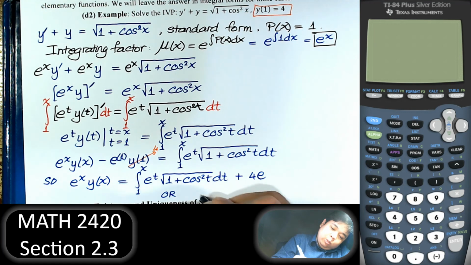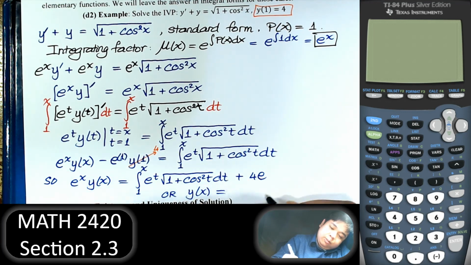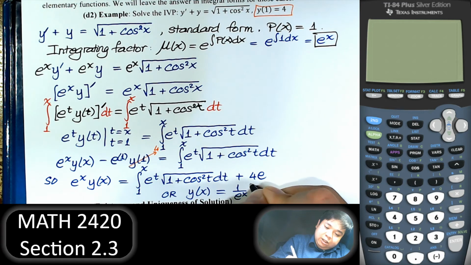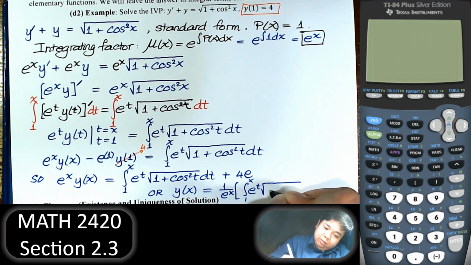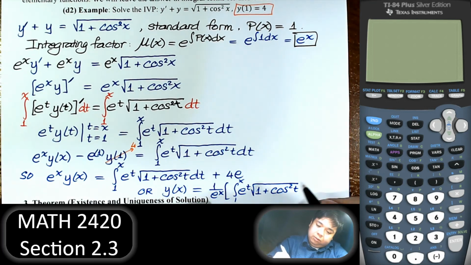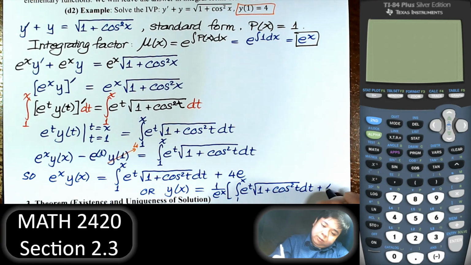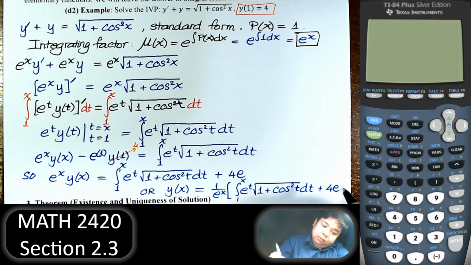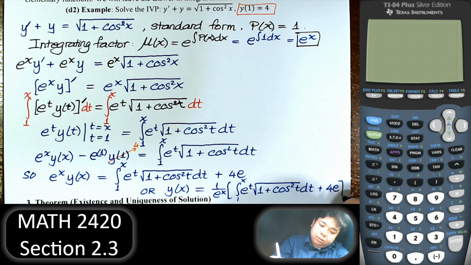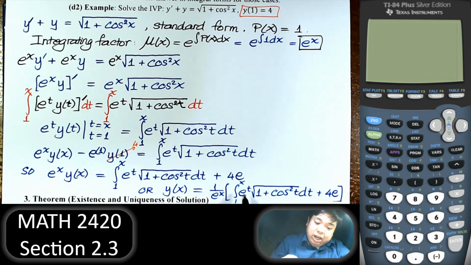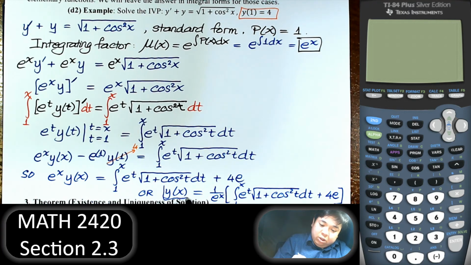Or we say y of x equals 1 over e to the x times the integral. Right. Like I said, because we cannot integrate, that's why we stop with just that.